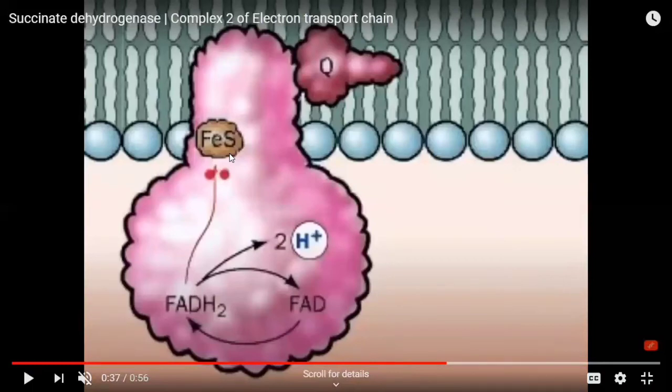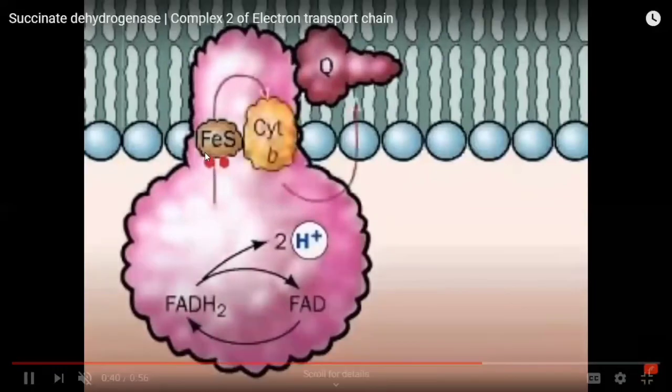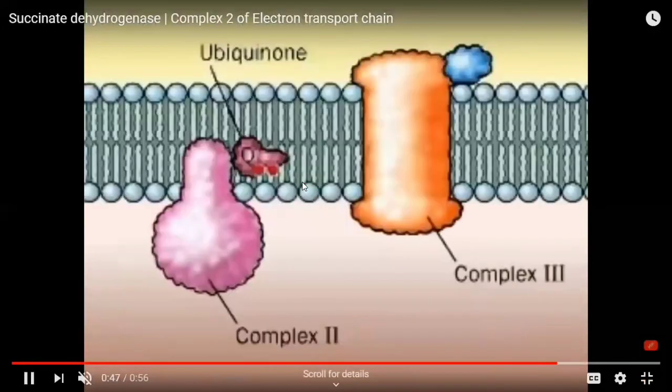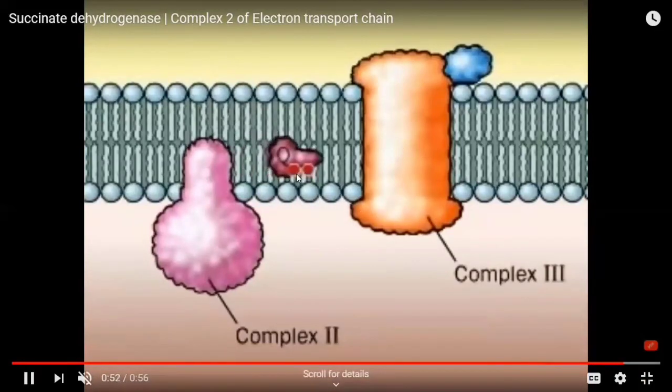These 2 electrons will be transported to cytochrome B, and from cytochrome B they will be taken up by coenzyme Q, which will be reduced to ubiquinol and transported to complex 3, right? So from the iron sulfur center, the 2 electrons go to cytochrome B, and then to coenzyme Q, and coenzyme Q will carry these 2 electrons to complex 3.